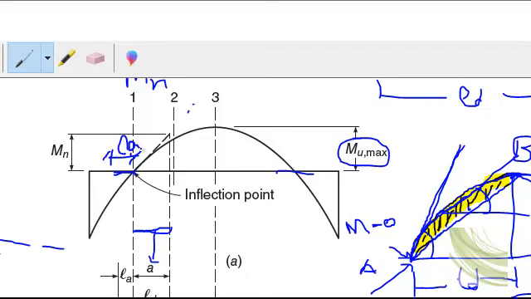Inshallah, you will see it in numericals and be more clear on this topic. La must be equal to, as I already mentioned, d or 12 times the diameter of the bar. This is the effective depth, this is the diameter of the bar. In almost all cases we take La equal to 6 inches. Clear?